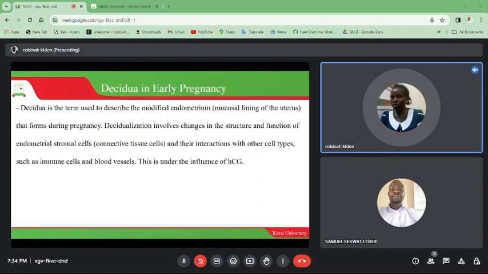So let's look at the decidua in early pregnancy. The decidua is the term used to describe the modified endometrium, or the mucosal lining of the uterus. I've already explained this. The modification involves changes in the structure, the formation of endometrial stromal cells, and their interactions with other cell types, such as immune cells and blood cells.